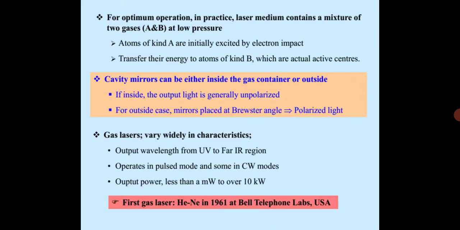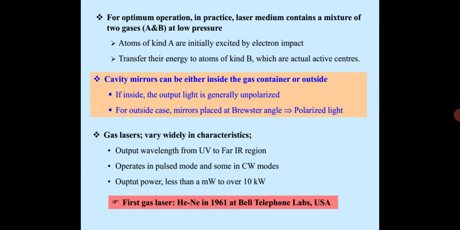Now, for optimum operation in practice, the laser medium contains a mixture of two gases, just like A and B, at low pressure. So atoms of kind A are initially excited by electron impact. They transfer their energy to atoms of kind B, which are the actual active centers. So when we are considering helium neon laser, in this neon are the active centers.